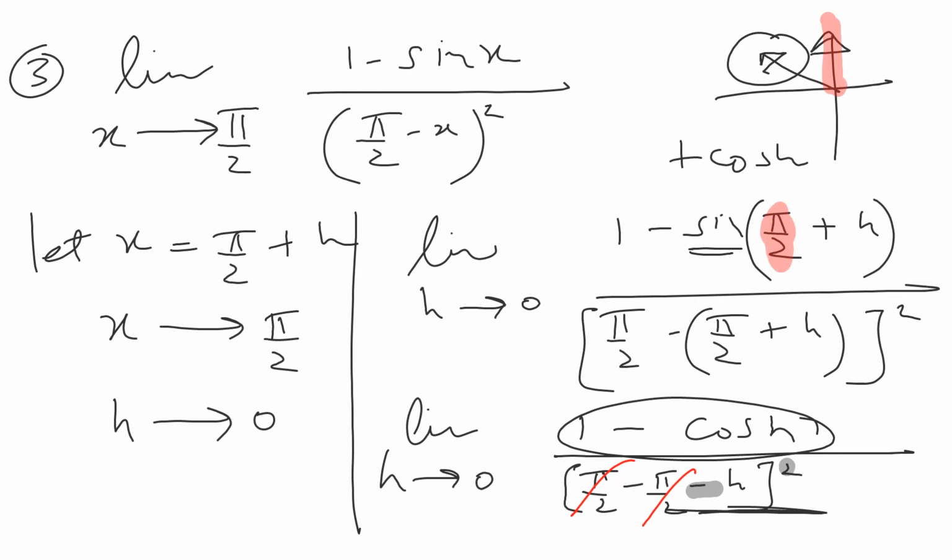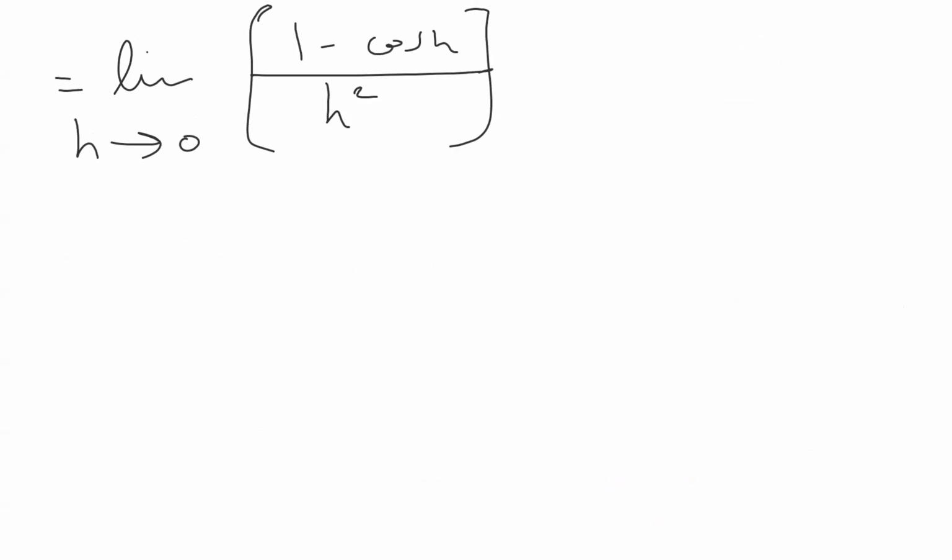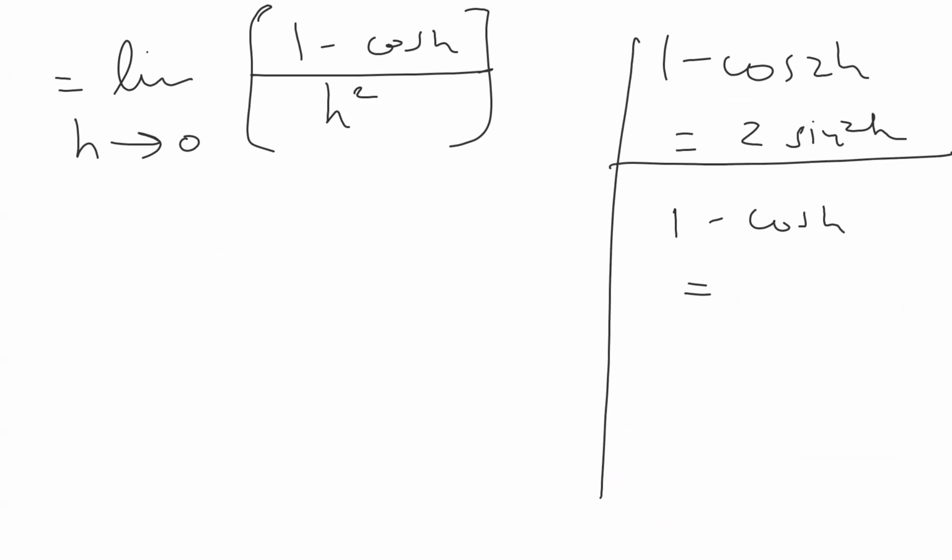Now see, 1 minus cos 2h is equal to 2 sine square h. So for 1 minus cos h, the half angle for h will be h by 2, so 2 sine square h by 2.